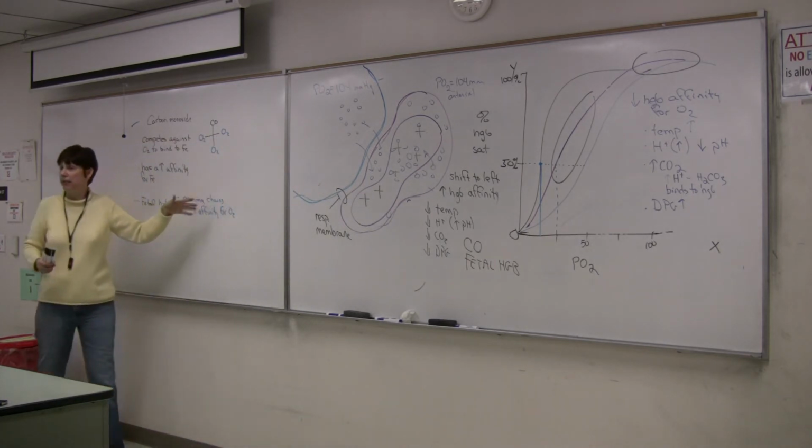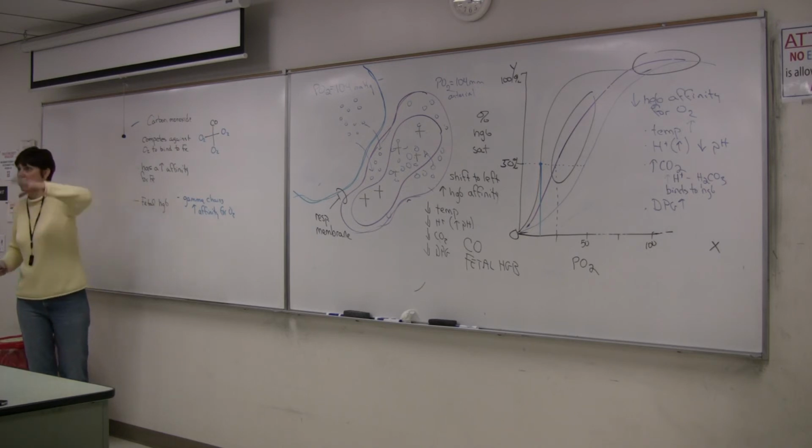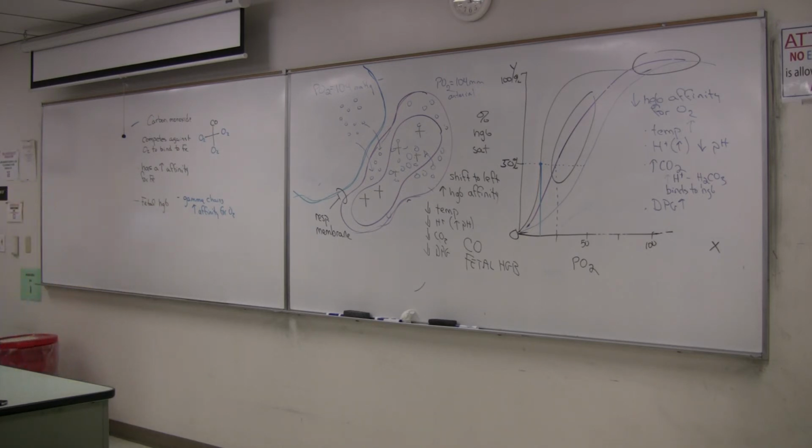The baby's red blood cells, the fetal red blood cells, are unaffected by DPG. They don't make it, they aren't affected by it. So the DPG in the blood of the mother can move into the baby's blood, it moves across the capillary wall.